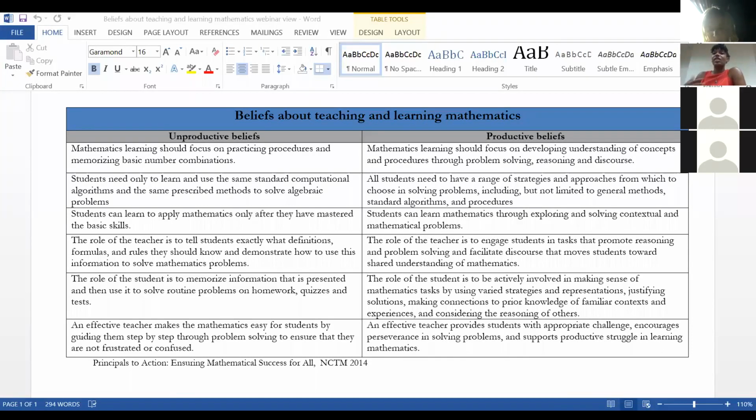Meaningful tasks, especially high quality meaningful tasks, have multiple entry pathways. And what that means is that if you give especially a diversified classroom with differentiated learning levels a great task, a meaningful task, it should be accessible from any level.